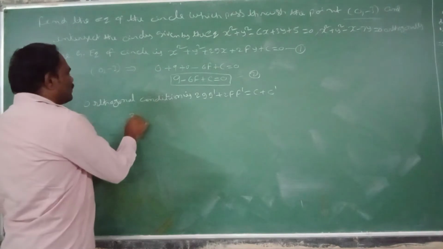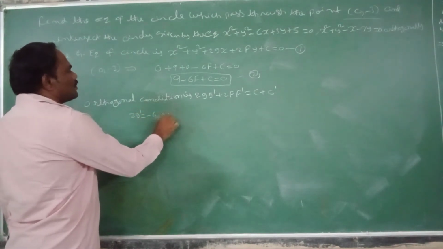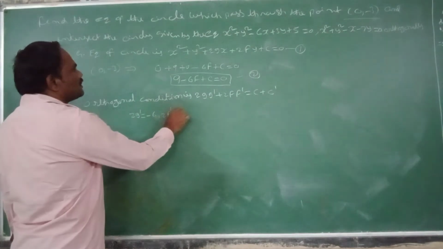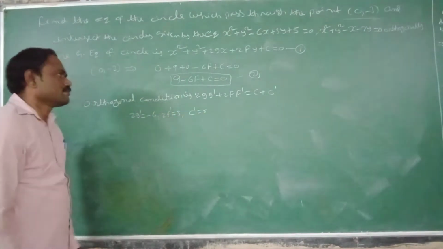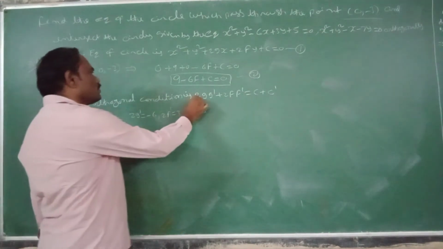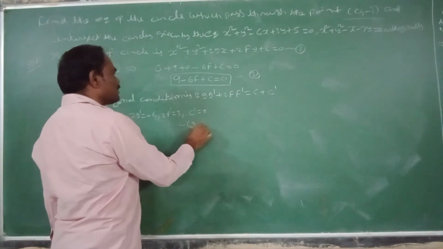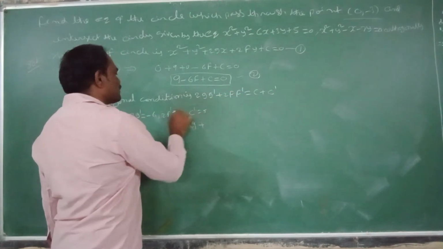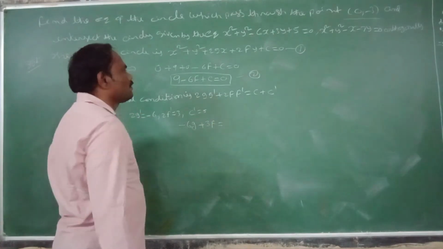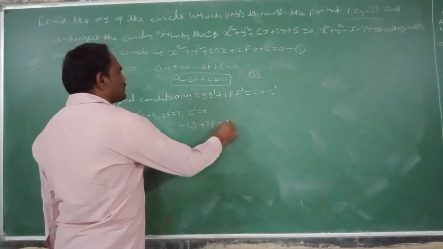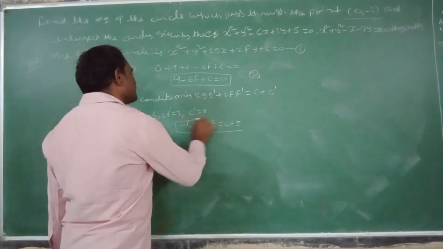Here 2g dash is equal to minus 6, 2f dash is equal to 3, c dash is equal to 5. So substitute these values: 2g dash is minus 6, so minus 6g; 2f dash is 3, so 3f; c plus c dash, c plus 5. This is the equation 3.